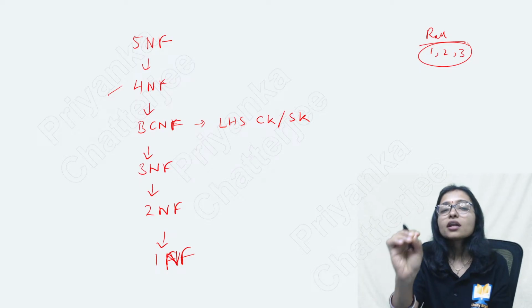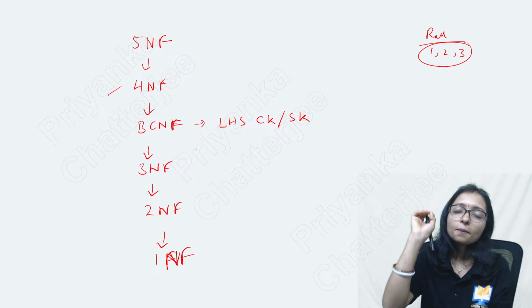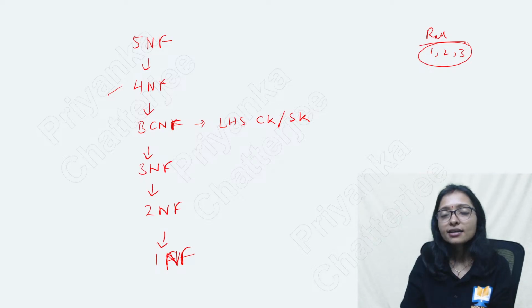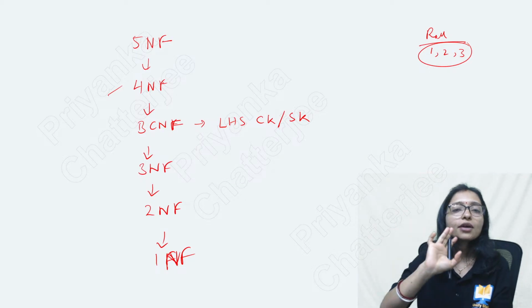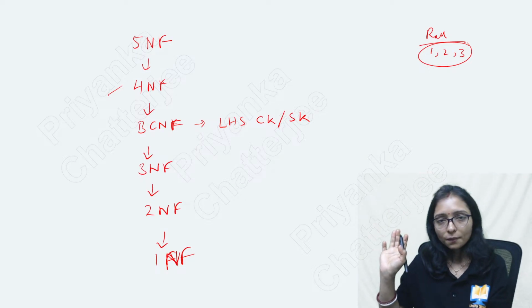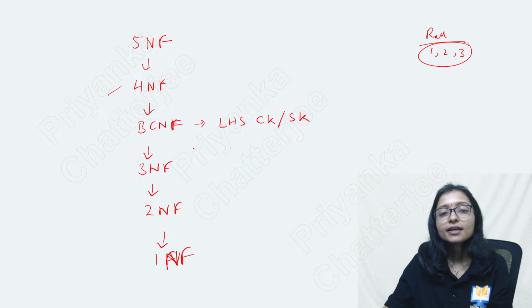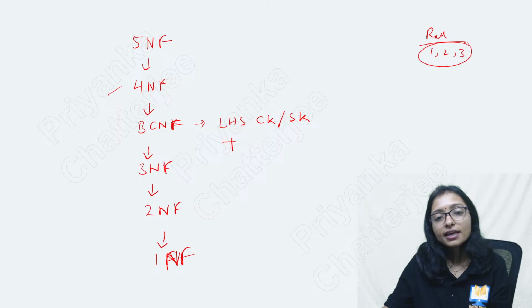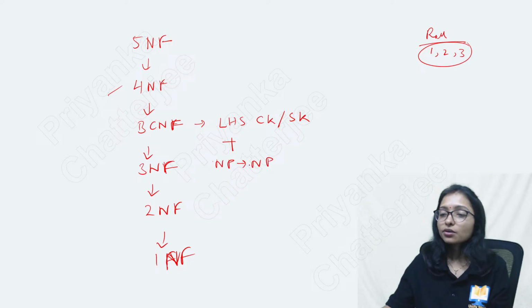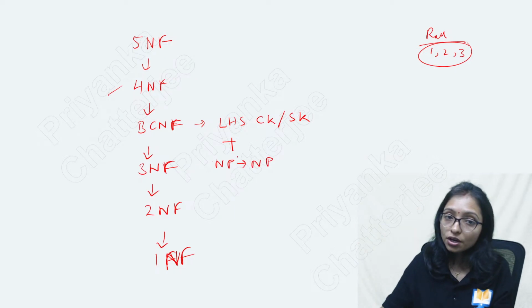Whatever dependencies are given, I only want to see whether all are candidate keys or super keys, and I will not bother about any other thing. Because automatically the extra constraint of 3NF, that non-prime to non-prime is not allowed, is already there.